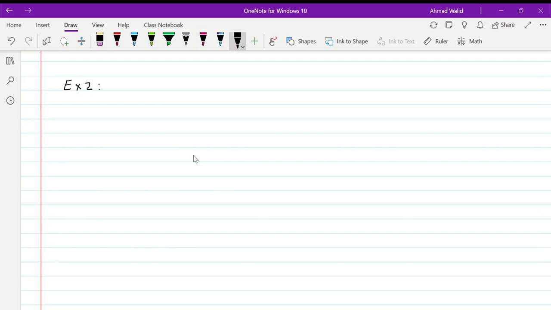For example, let's say the absolute value of 3x minus 1, minus 4 outside of the absolute value, equals, let's say, 6.